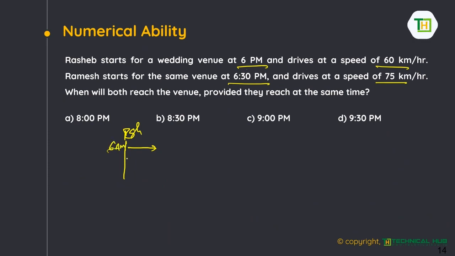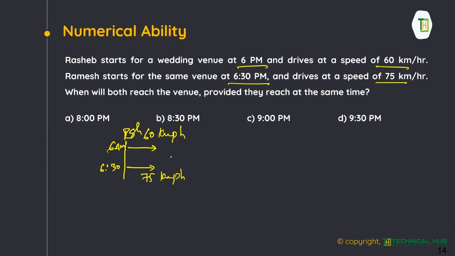Ramesh starts from the same place at 6:30. The first person travels at 60 kilometers per hour, the second person at 75 kilometers per hour.